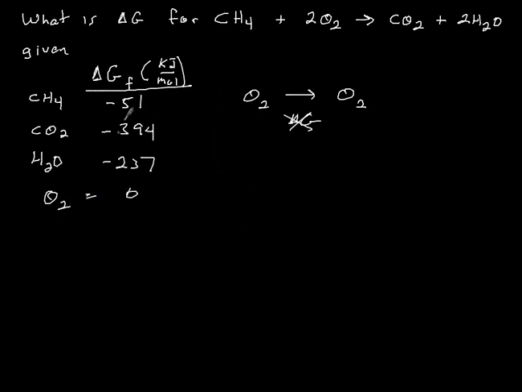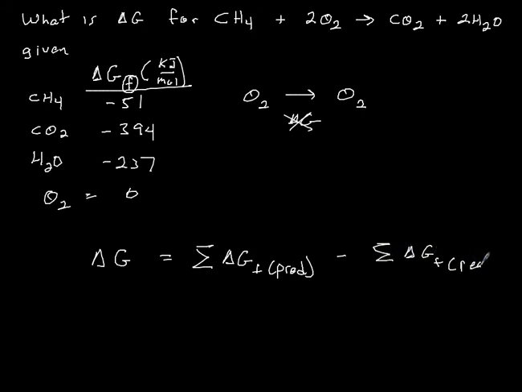So this is very much like previous ones that we did for enthalpy and also for entropy. If you know the Gibbs free energy of formation, then the change in Gibbs free energy is equal to the sum of the change in Gibbs free energy of formation for the products minus the sum of the change in Gibbs free energy of formation of the reactants.